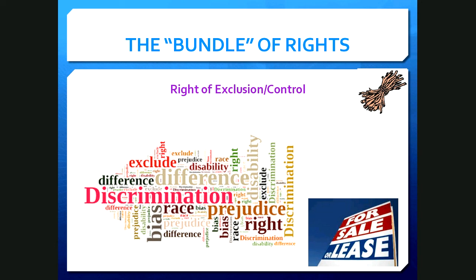But now we have fair housing laws and things like that that say you can't discriminate against people. So if you own an apartment complex, you have to rent to people in wheelchairs and put in ramps and widen the doorways. You can't discriminate and say, well, I don't want to, as an owner, make all these improvements, and so I'm just not going to rent to folks in wheelchairs, right? So you can't discriminate now.